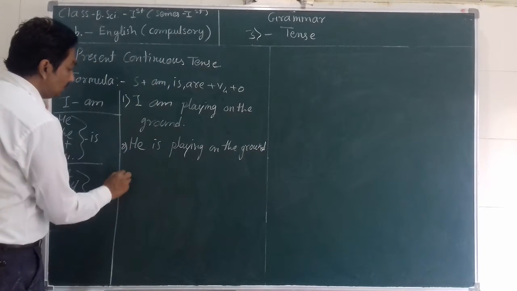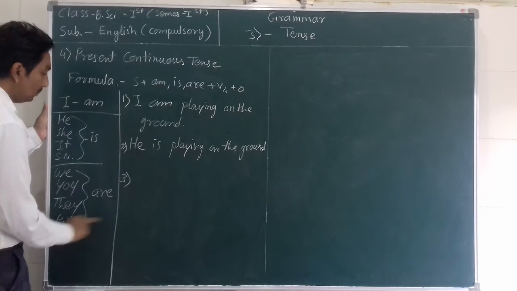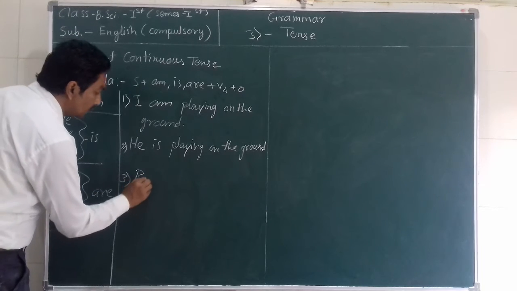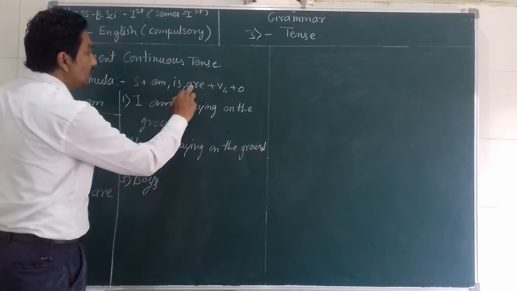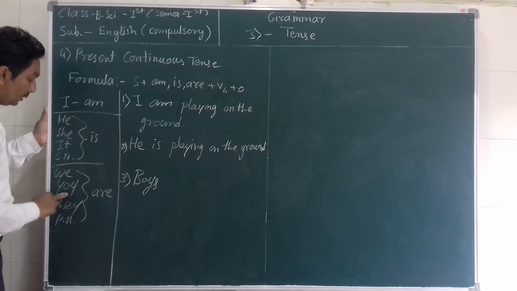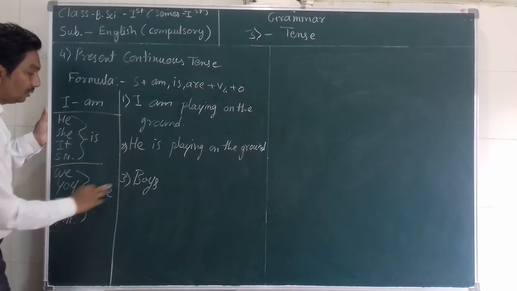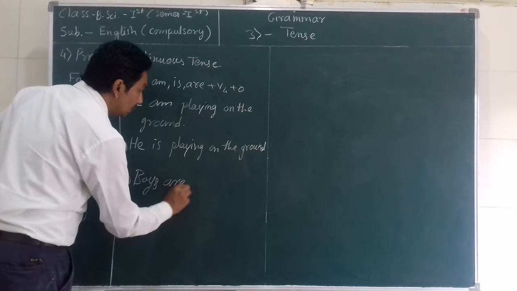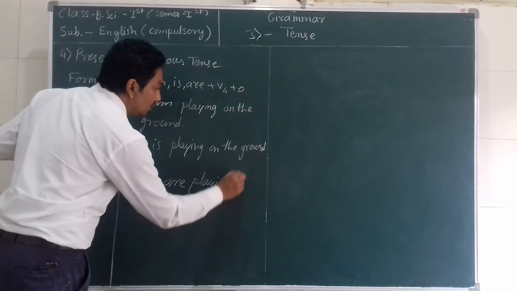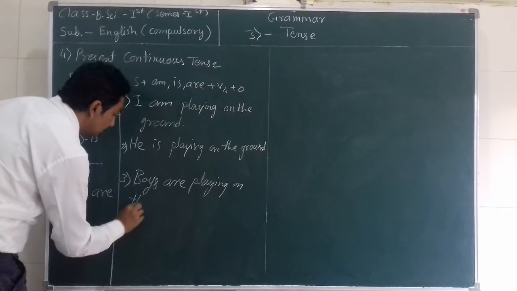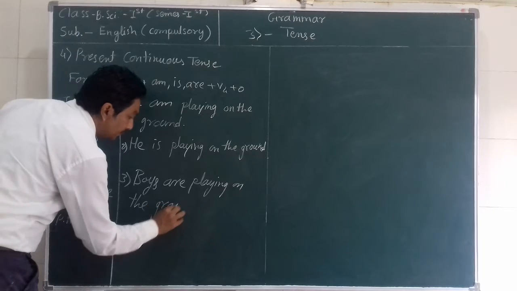If we change the subject again, if we write a plural noun, boys, so in front of a plural noun, always use are. In front of we, you, they, plural noun, always use are. Then playing, then the object on the ground.